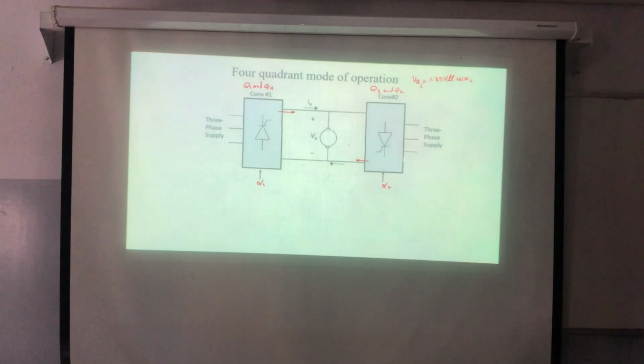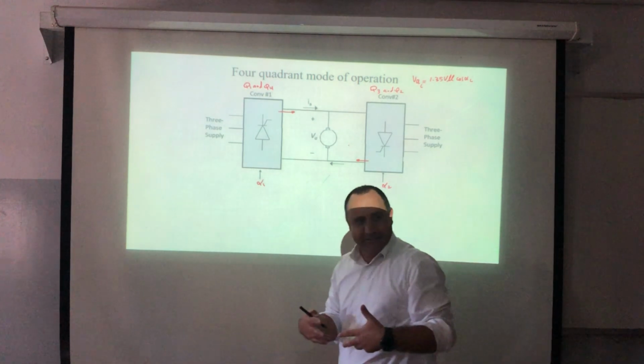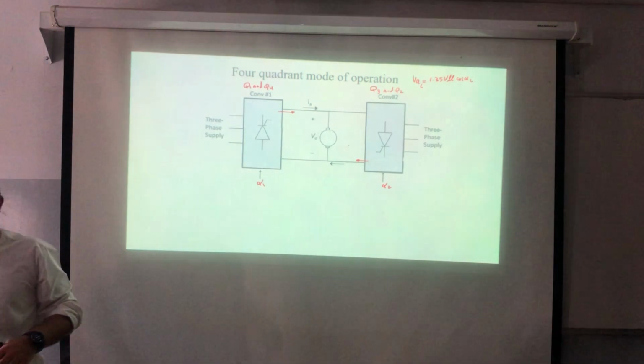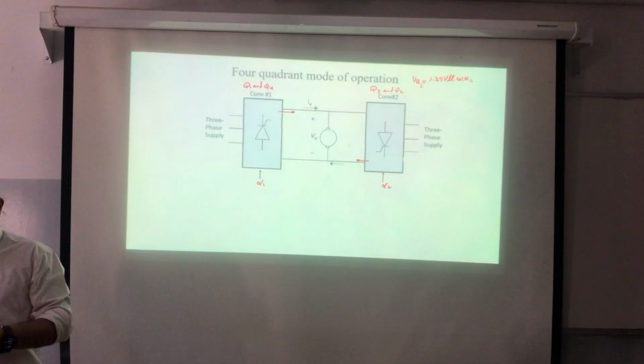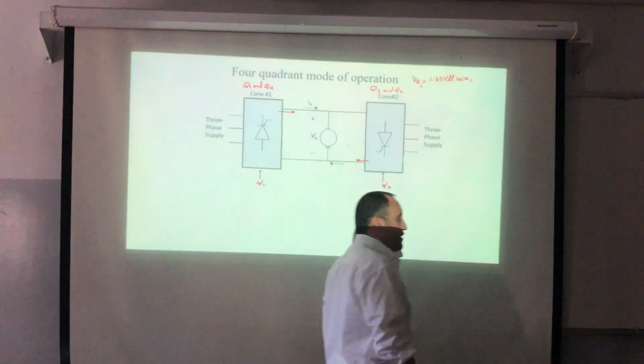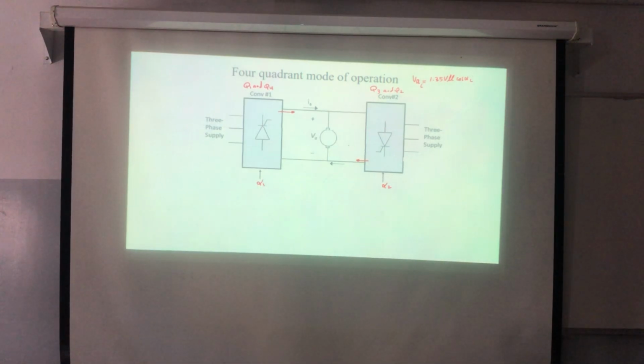Now, you know that if I'm connecting two supplies together, I should respect a reference for the voltage. So if the first converter is producing a voltage called V1, this will be the plus sense and the minus sense of V1, correct?